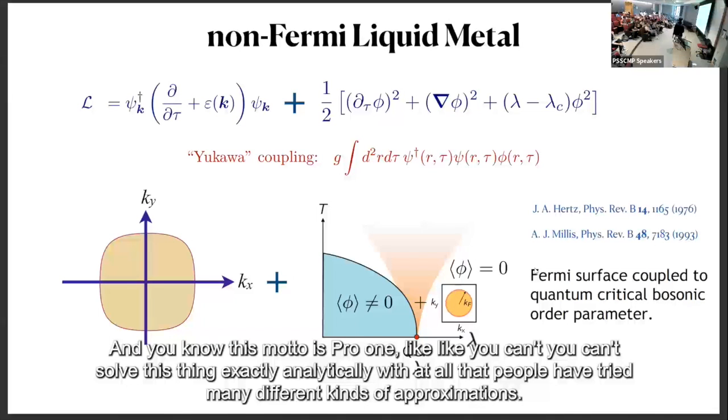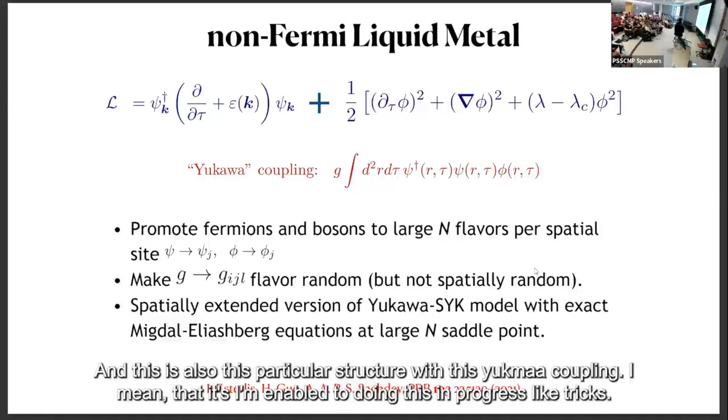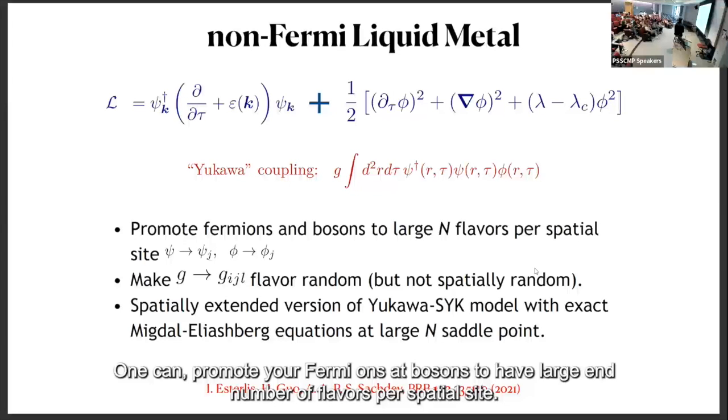People have tried many different kinds of approximations, but this particular structure with this Yukawa coupling means that it's amenable to doing this Yukawa SYK like trick. So one can promote your fermions and bosons to have a large n number of flavors per spatial site.